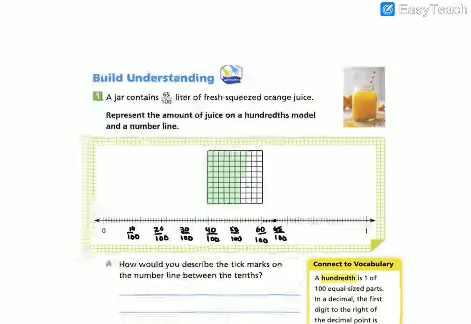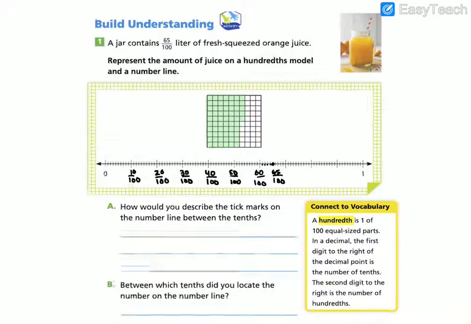And so now let's go ahead and take a look at letter A. How would you describe the tick marks on the number line between the tenths? Right, so we have our tenths. We found our 1/10, 2/10, 3/10. What do we know about the tick marks between those?